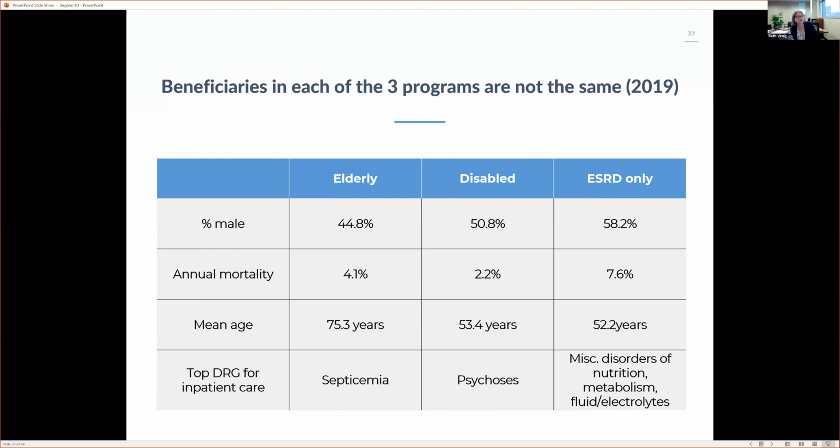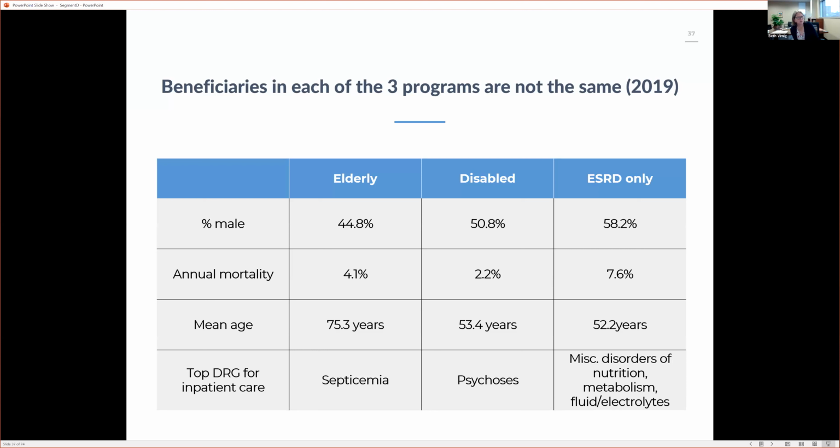It's a male-dominated condition. But look at the difference in annual mortality. Elderly is 4%, disabled is 2%. So these are chronically disabled, low mortality. That 24-month waiting period practically guarantees these are low mortality conditions. And end-stage renal disease is about 7.6%, the highest mortality.